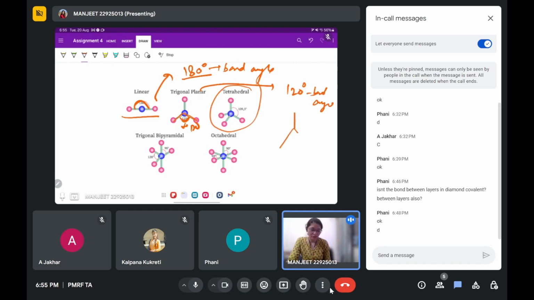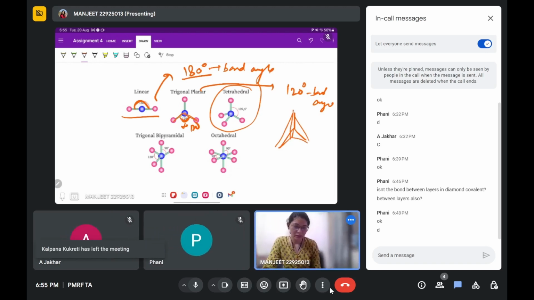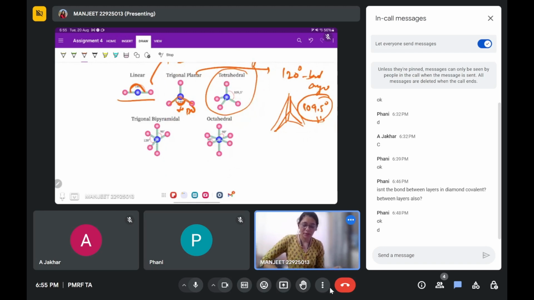In tetrahedral, we know this kind of structure. They are having a 109.5-degree bond angle. Okay, this is the trigonal bipyramid. They are having two different kinds of angles: one is 90 degrees, if I'm considering this angle, and 120 degrees between these two.